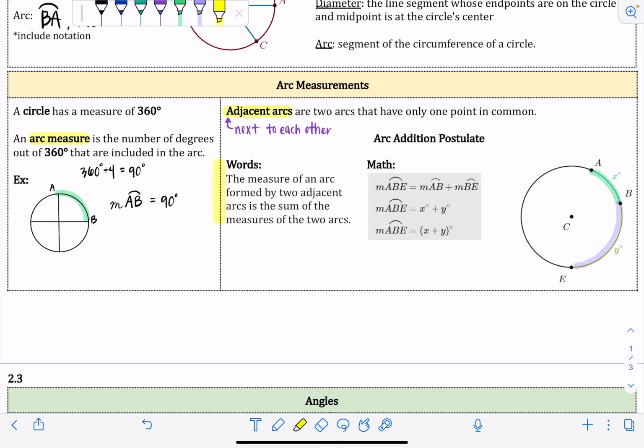And this math section right here is just saying that the measure of arc ABE, this entire thing, is equal to the measure of arc AB, just this smaller portion, plus the measure of arc BE, this portion right here. So if we add the 2 separate adjacent arcs together, we'll get the total arc's measurement.